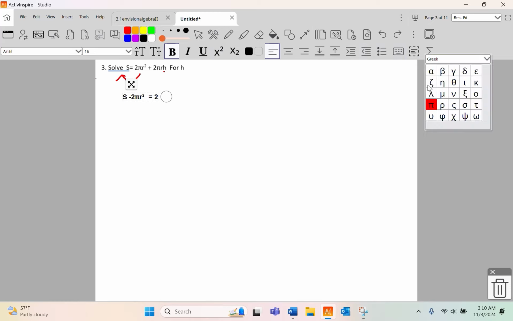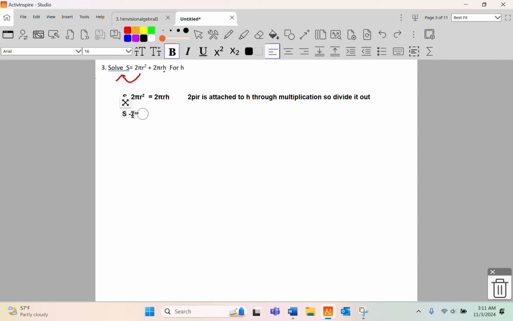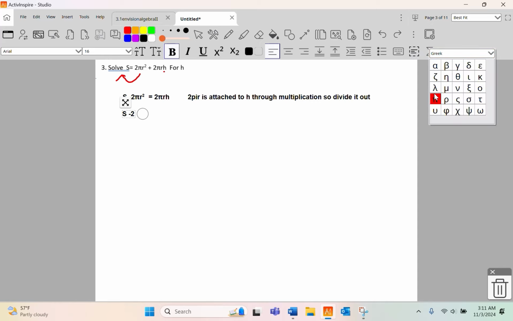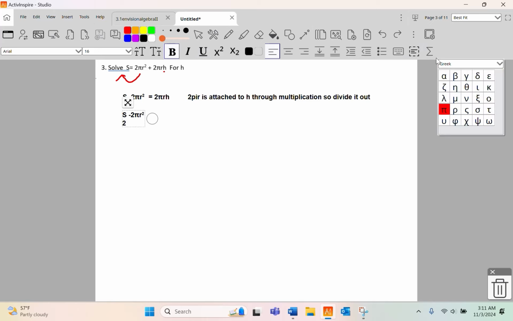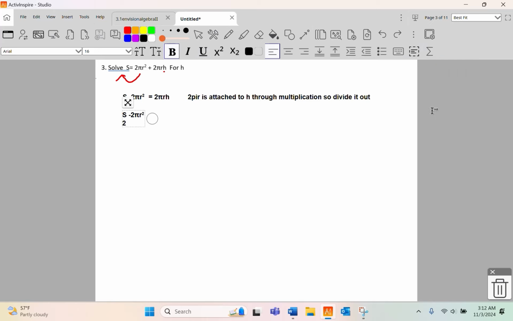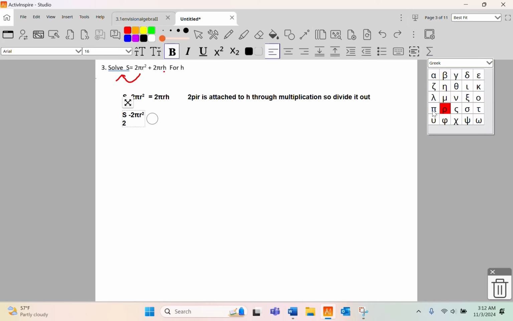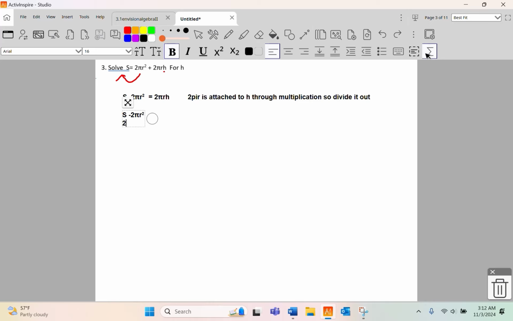It's not that bad. It's really not. I'm just going to divide it by 2 pi R, because I want the H all by herself.